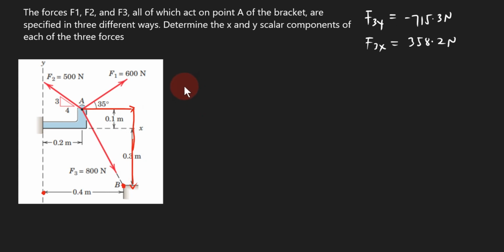Let's name this V. That's going to be 0.2i, because you're going to move a distance of 0.2 in the x direction, then you move a distance of 0.4 in the y direction.